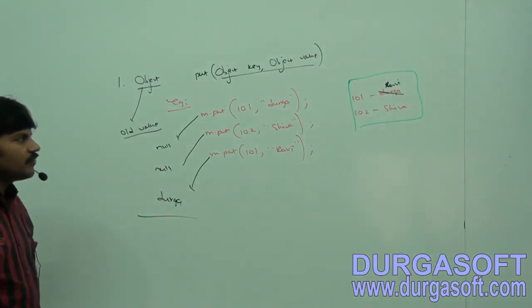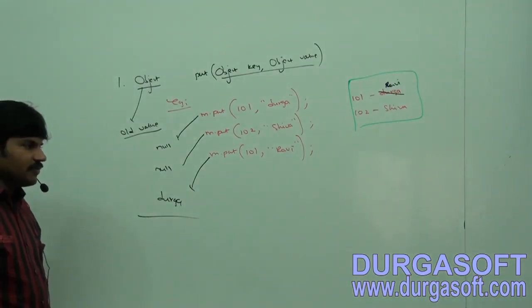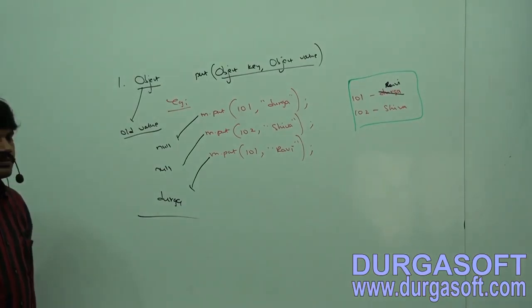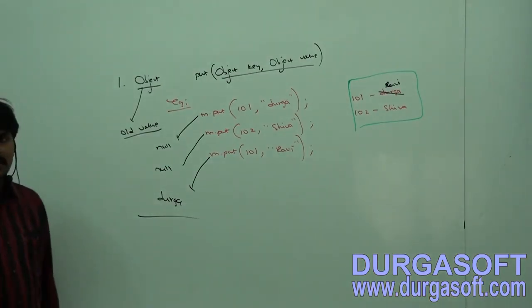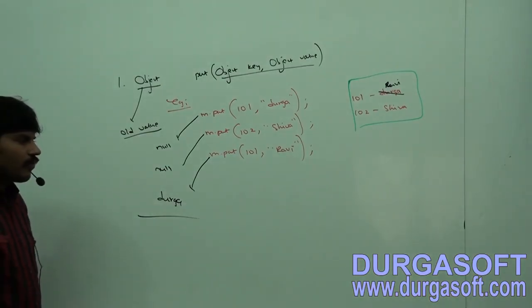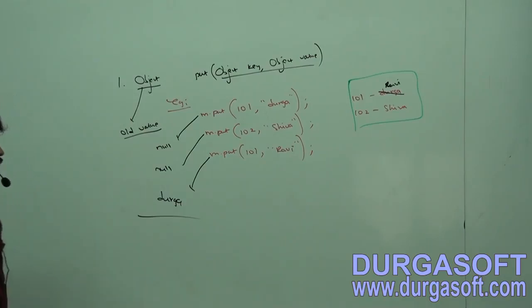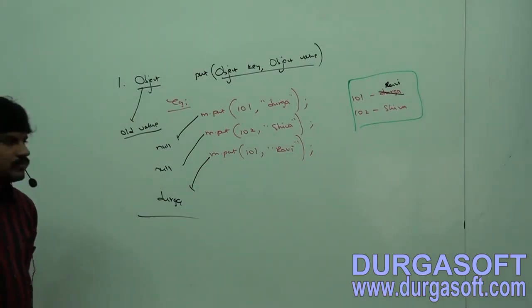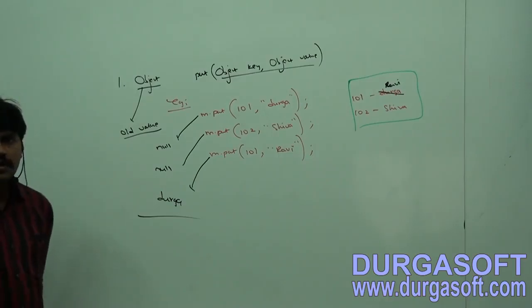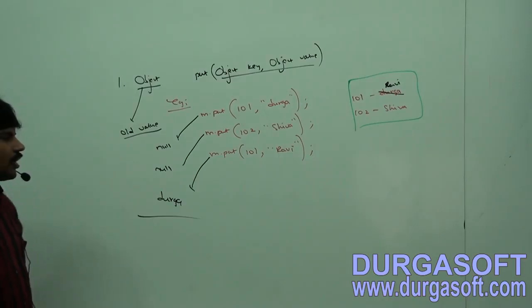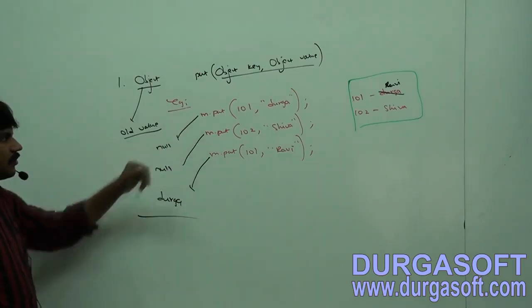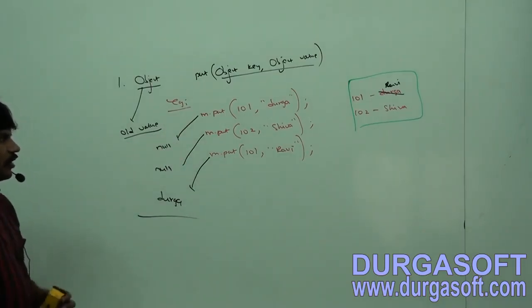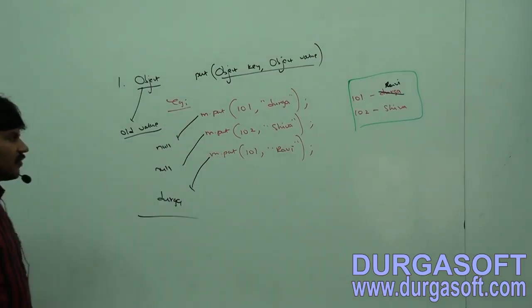Next, m dot put of 102 comma Shiva. Make sure: m dot put of 101 Durga, 102 Shiva, and after that 101 Ravi.